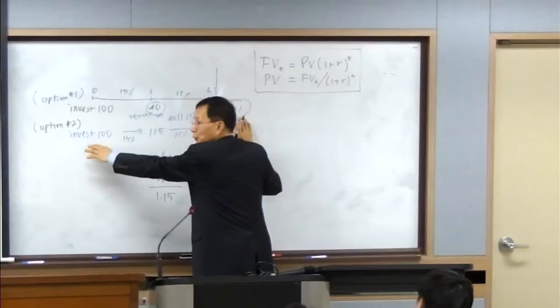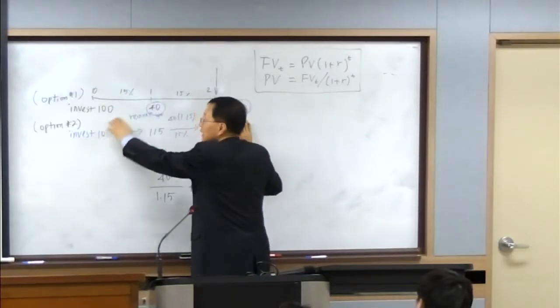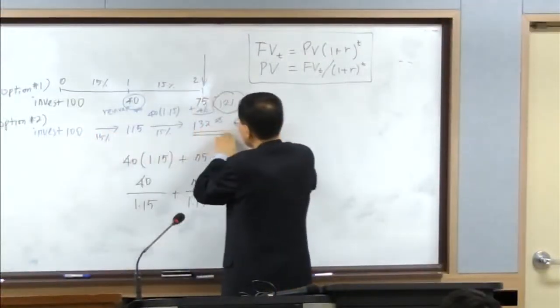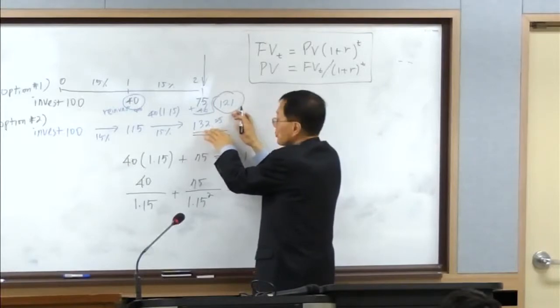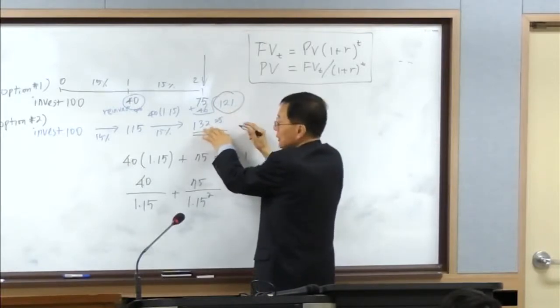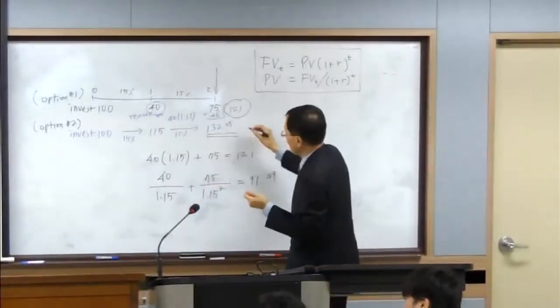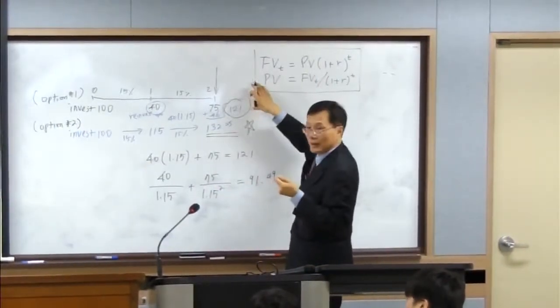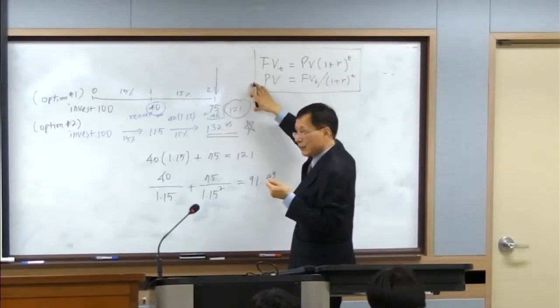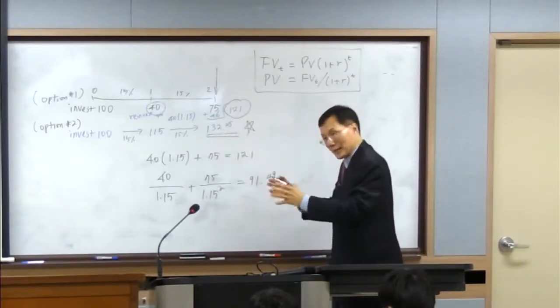If you follow your own instinct and investing in the market opportunity, you will end up 132.25. So your investment option is better than the stockbroker's advice. Right? Exactly the same thing we did.